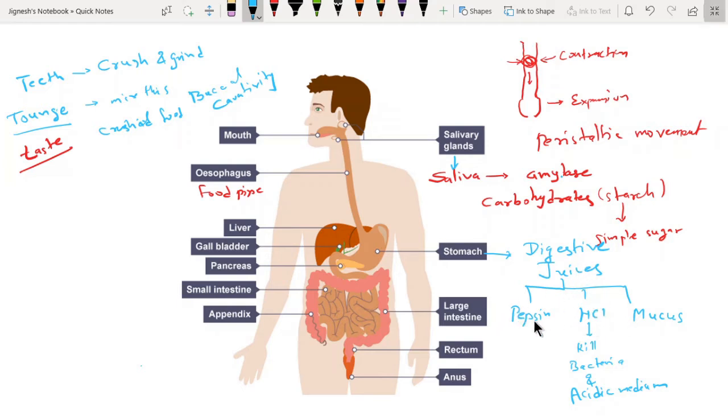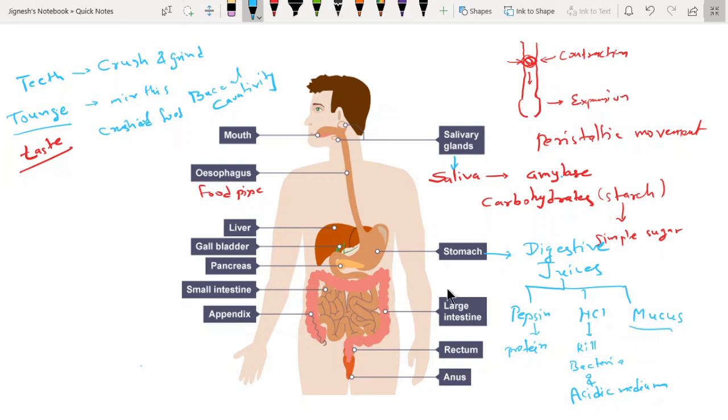Three digestive juices: pepsin, HCl, and mucus. HCl kills bacteria and makes the food acidic. An enzyme known as pepsin digests protein over here. So in the stomach, which nutrient gets digested? Protein gets digested.